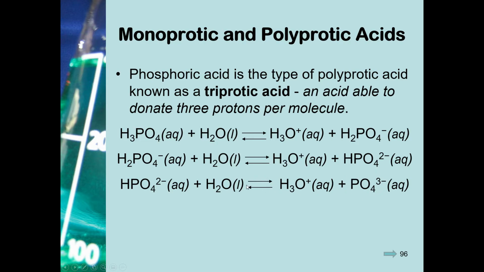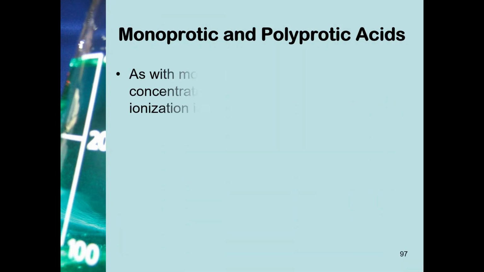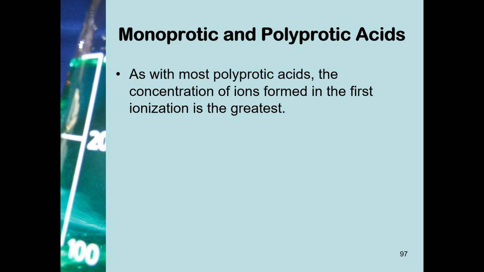But again, this is an equilibrium, and it will be established eventually, because some of these will combine to form this. And so in this particular solution, we're going to have all of those particular ions present at one time.